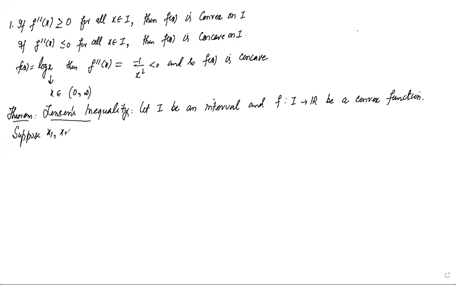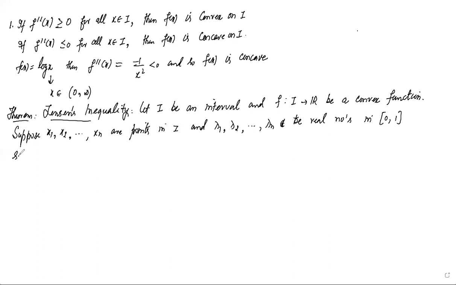Suppose x1, x2, ..., xn are points in I, and lambda 1, lambda 2, and so on up to lambda n are real numbers in the interval 0, 1, such that lambda 1 plus lambda 2 plus so on plus lambda n is equal to 1.